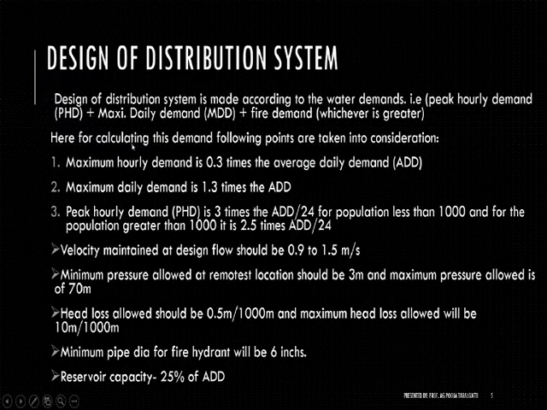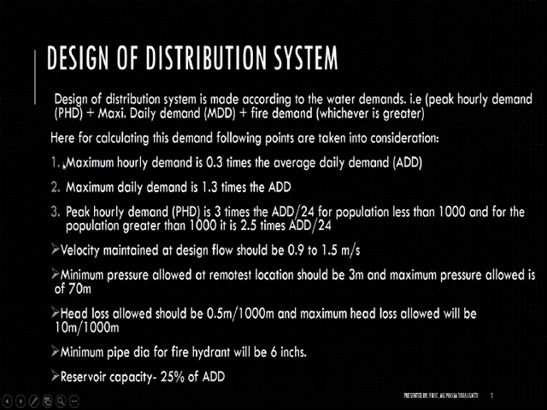We have seen one graph over there which was giving the time versus consumption. In that particular graph, for one typical area, if the graph is showing maximum consumption, let's say at 7 or 8 in the morning, whatever the maximum consumption was, that consumption will be taken as a reference point for further design of distribution system.